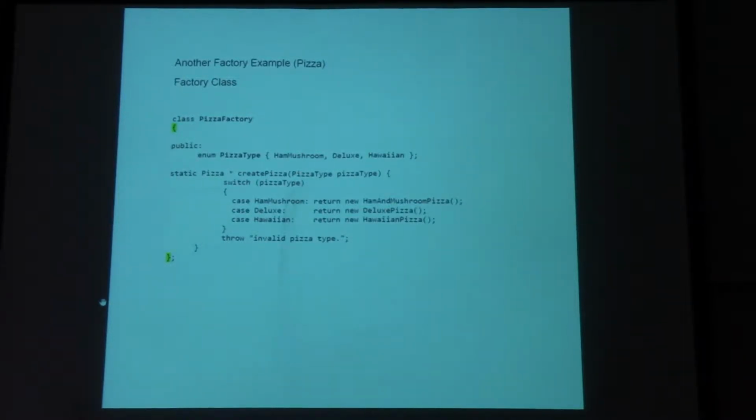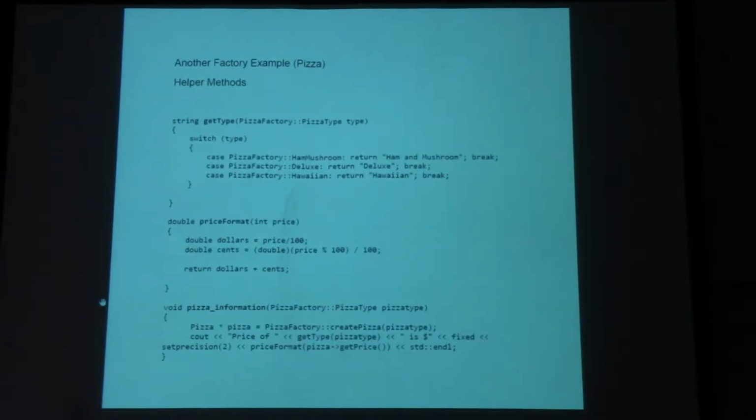So basically, you told the pizza factory, so we could create a pizza as long as I could send in a pizza type, which was an enum. And so what the pizza factory would do is say, okay, based upon what you want, I will construct one of these concrete subclasses, or this one, otherwise I'll throw some kind of exception. So that was the basic idea.